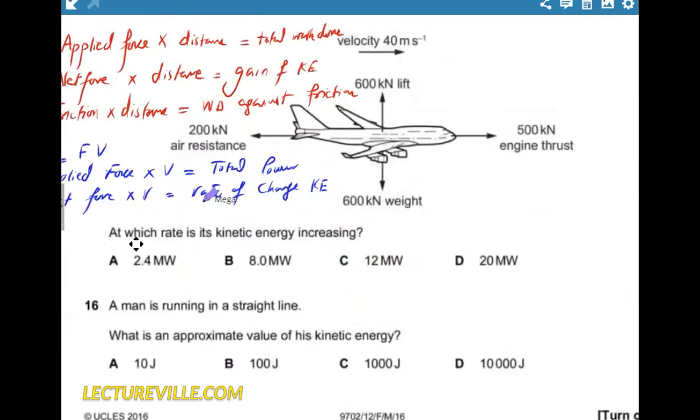So, at which rate is the kinetic energy increased? Resistive force is 200, engine thrust is 500. So, what is the difference? 300. 300 multiplied by 40 equals 12,000 kilowatt.